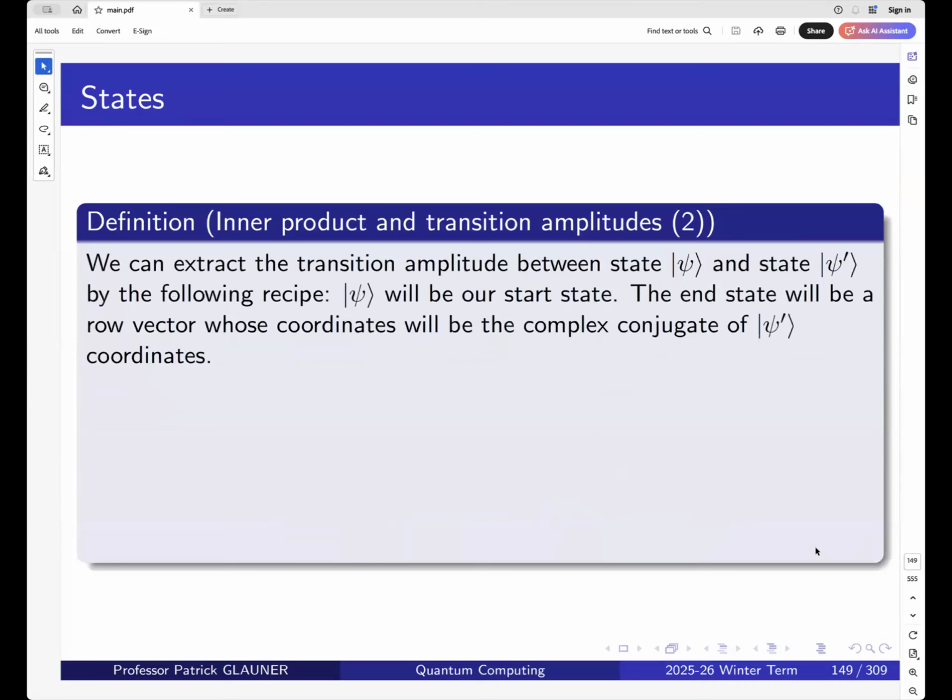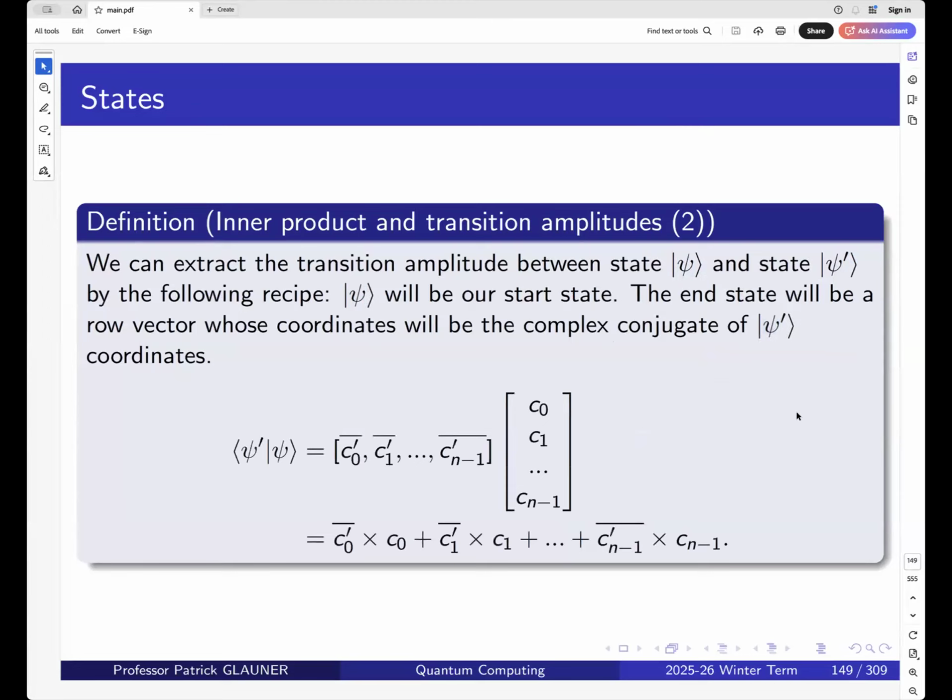And what we calculate is the inner product, so we can extract the transition amplitude between these states, from |ψ⟩ to |ψ'⟩, by doing the following. Our |ψ⟩ is the start state, and the end state will be a row vector whose coordinates are the complex conjugates of the |ψ'⟩ entries.